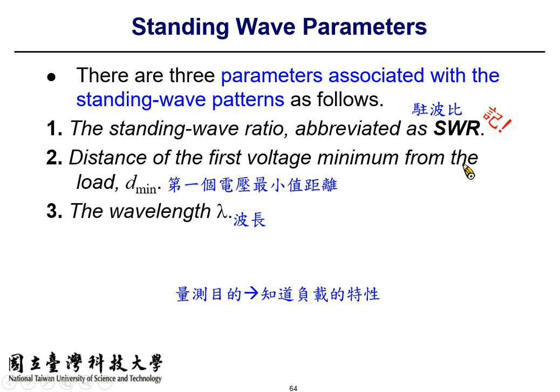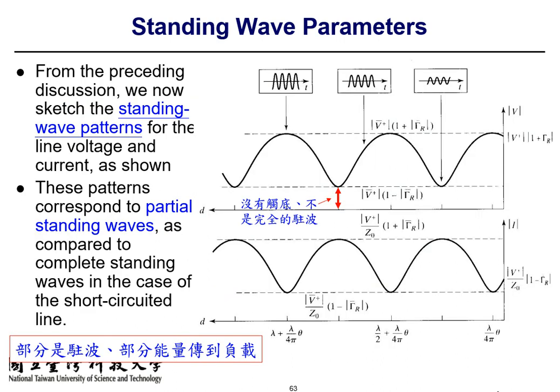But the reason why we are using D minimum instead of D maximum is, if you take another look at this plot, around the voltage minimum, the slope is larger than the slope around voltage maximum, which means it's easier to identify the exact minimum location, which is a little bit difficult to determine for the maximum location. Got it?